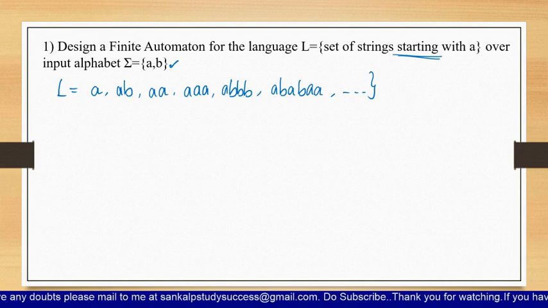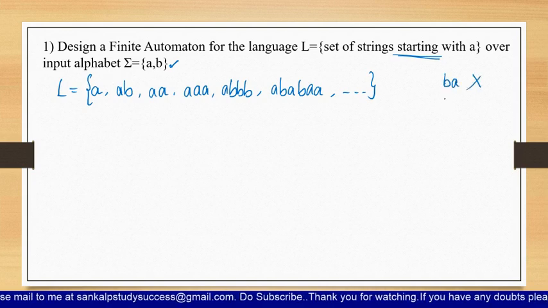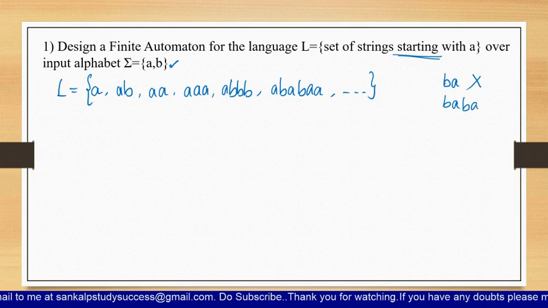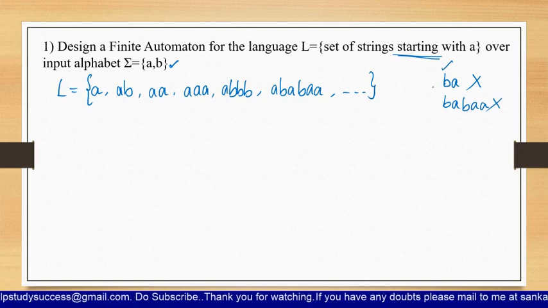You can take any number of strings, but the only condition is the string should start with A. So if you take BA, this is not a valid string. If you take BABAA, this is not a valid string because it starts with B. So you have to take only the strings which start with A.